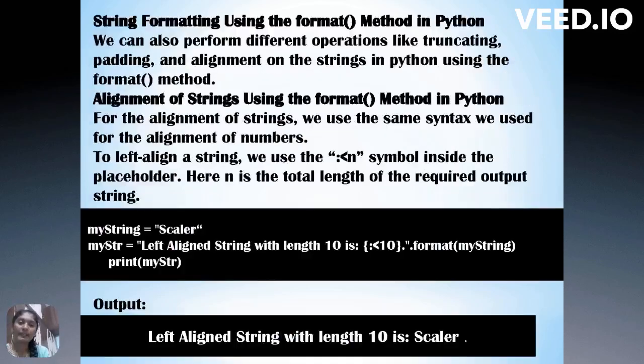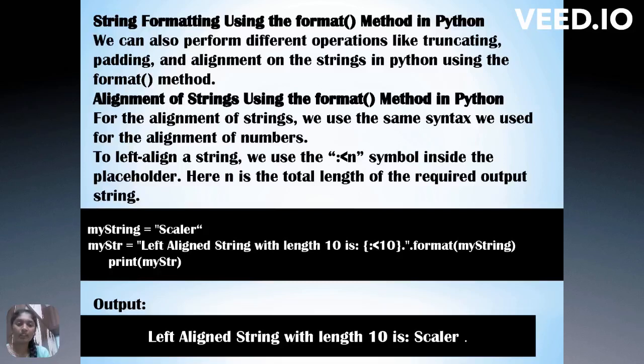String formatting using the format method in Python. Now let us see this. We can also perform different operations like truncating, padding, and alignment on the string in Python using the format method.